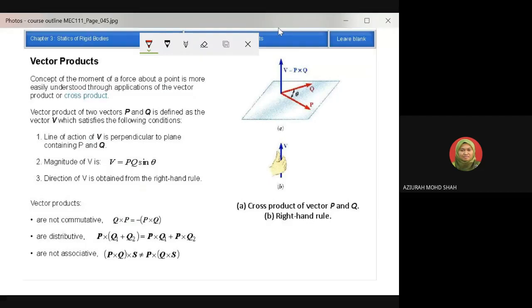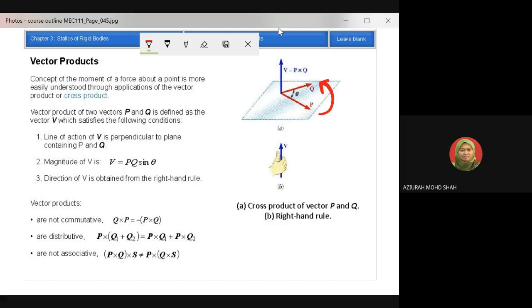Alright, so sekarang ni kalau kamu tengok P cross Q. You letakkan jari-jemari kamu seolah-olah dia curvekan counter clockwise.